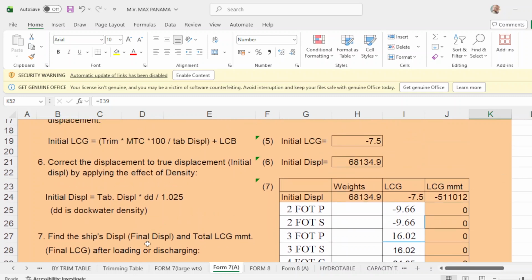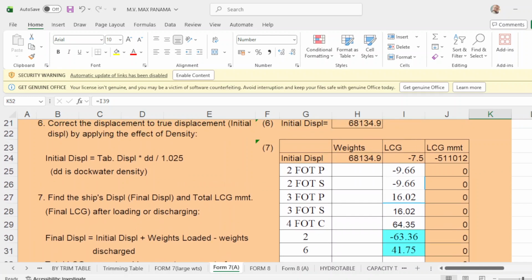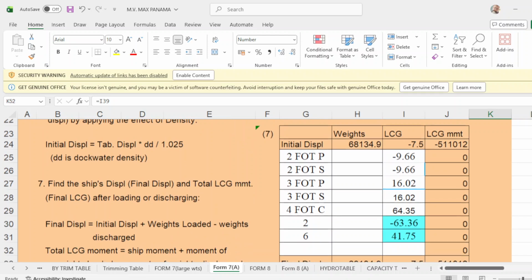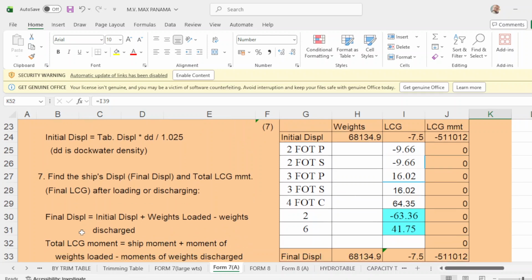So number 7, find the ship's final displacement and total LCG moment and final LCG after loading or discharging. Okay, so final displacement formula is initial displacement plus weight loaded minus your weight discharged, and that will be your final displacement.